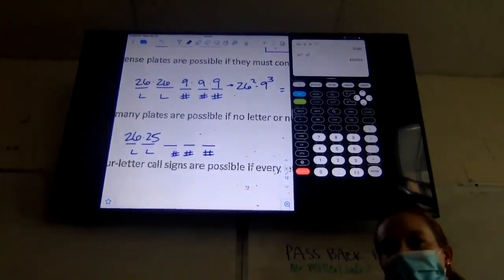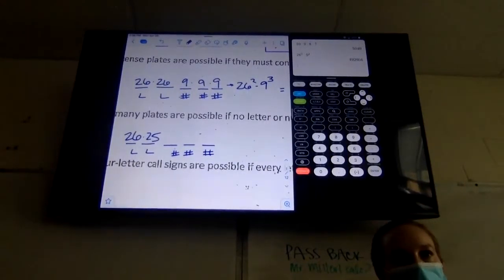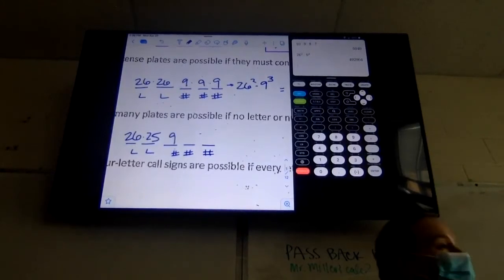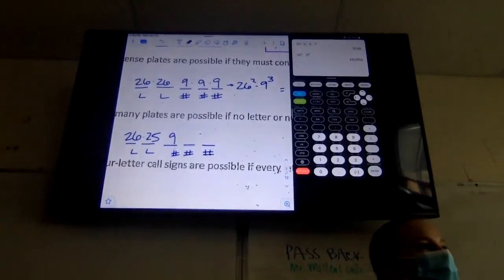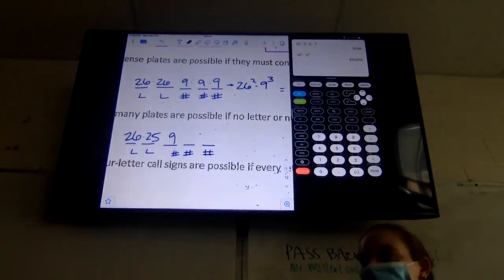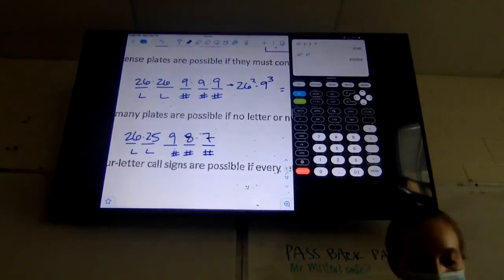All right, now I'm thinking about digits. So now I don't care about the numbers anymore. How many total digits am I allowed to use? I'm still going to use 9 because I'm not using any zeros. And then I can't use the one that I just used for my first digit. So how many options do you have for your second one? And then, good. So 26 times 25 times 9 times 8 times 7.